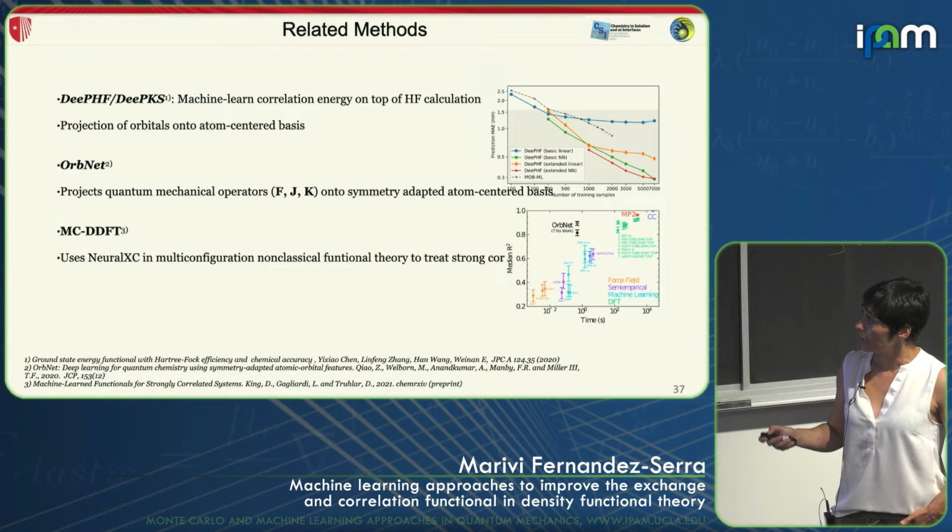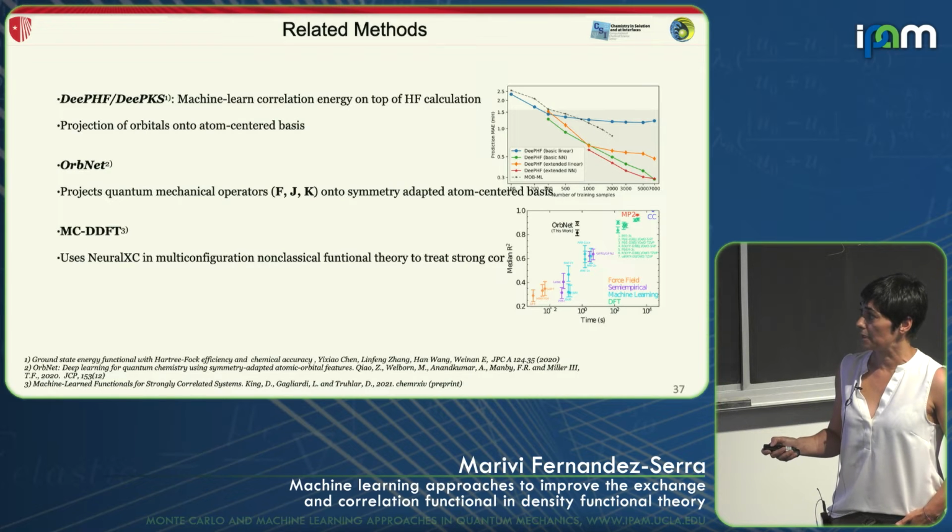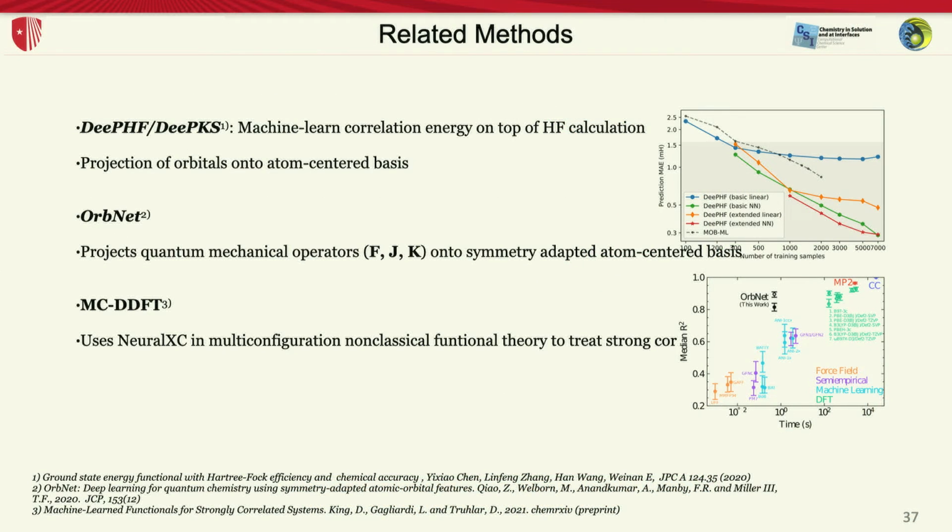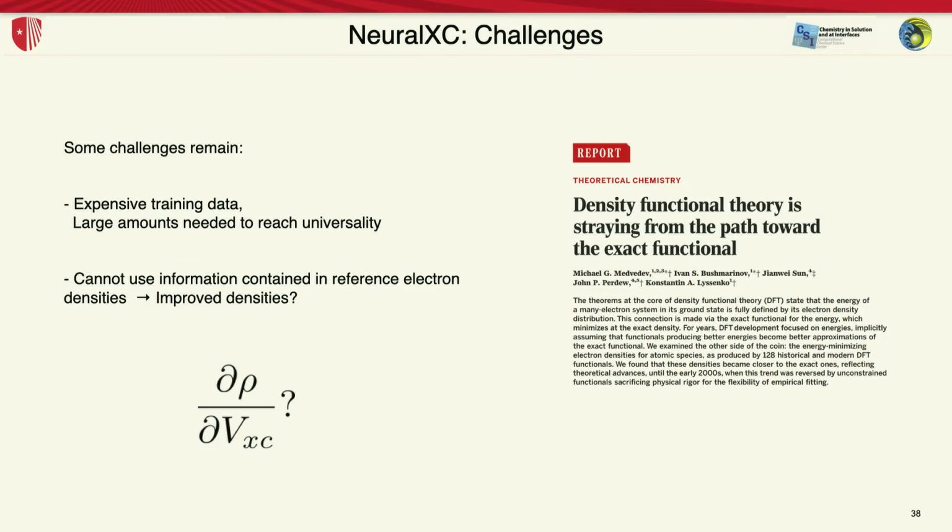There's OrbNet, and then there's this MNC DFT. And this one is actually an interesting one. They took neural XC and used it in multi-configurational functional development, basically how to add extra corrections using atom center functions like ours in MP2 and beyond MP2.